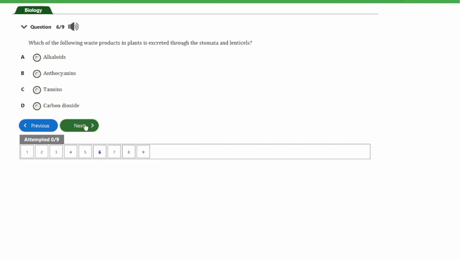The waste product that is excreted through the stomata and lenticels in plants is the carbon dioxide. Stomata and lenticels are tiny openings or pores in plant tissues that allow them to exchange gas. So that's it. Option D is the correct answer to this question.